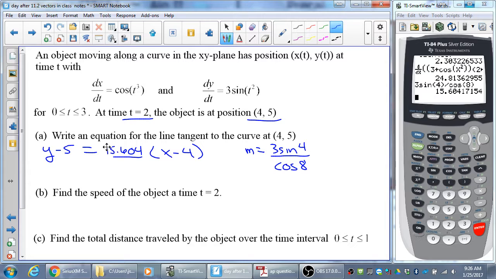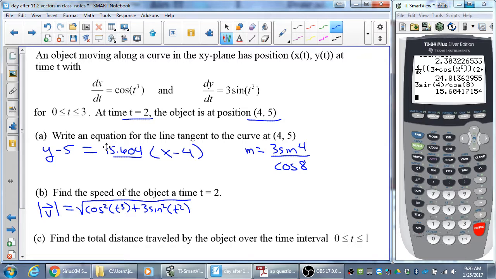Find the speed of the object at time t equals 2. Speed of a parametric equation is the magnitude of the velocity vector. We have this vector, it has a certain length. We need to find the length of that vector. Well, that's the Pythagorean theorem. So square root of cosine squared of t to the third plus 3 sine squared of t squared. Oh, but that's evaluated.